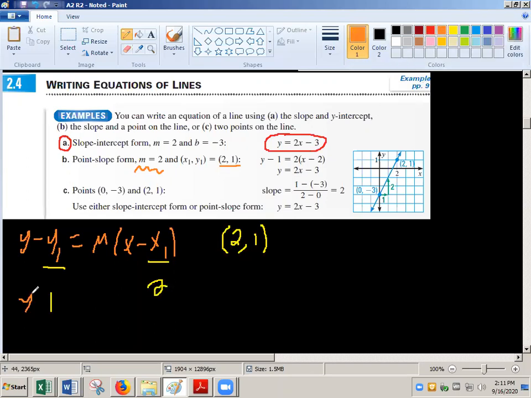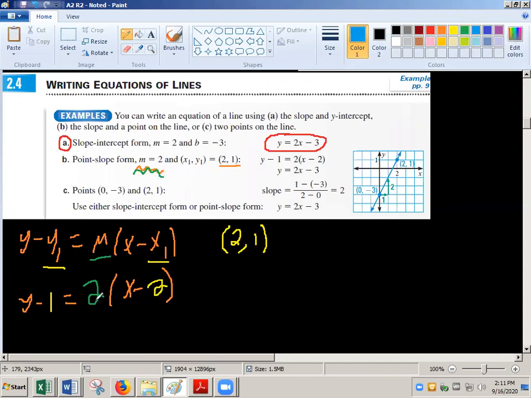I'm just going to fill in these, carry it down. My slope here, we were told, was 2. So that's where I'm going to include my slope. I'll do it in green so it's sticking out a little bit more clearly for us. Here's my 2 times all the stuff I had before. This x remains an x, right? We're looking for an equation, so we still need to keep our x and our y in this equation.